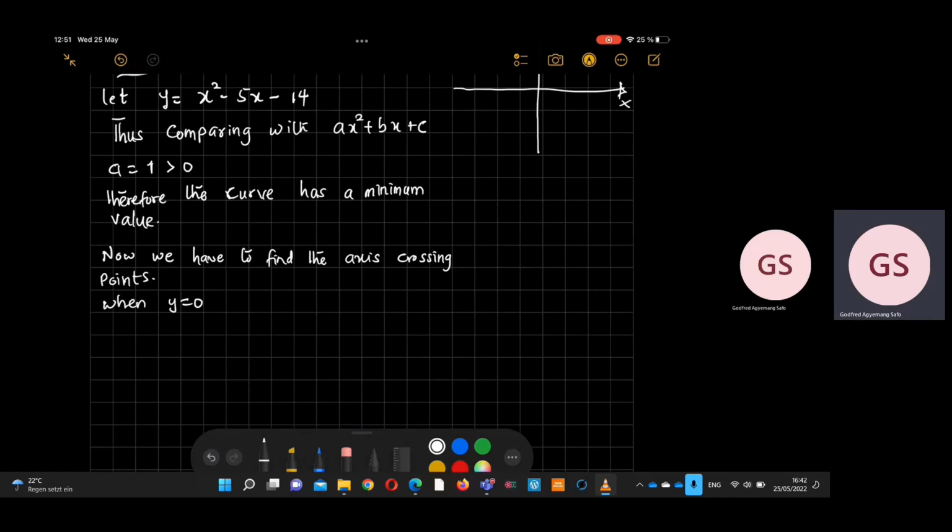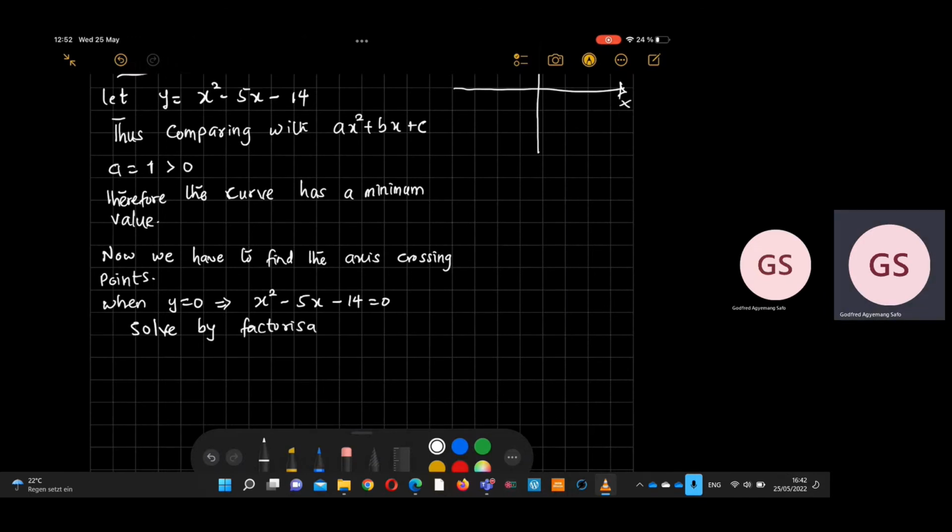So we find for the x-intercept, that is when y is equal to 0. Then we have that x squared minus 5x minus 14 is equal to 0. So there are so many ways of solving these quadratic equations.